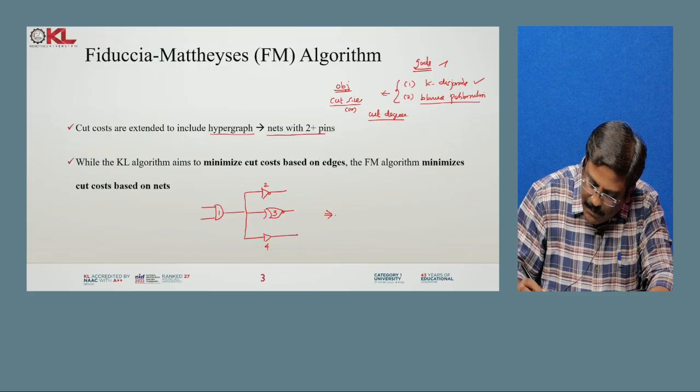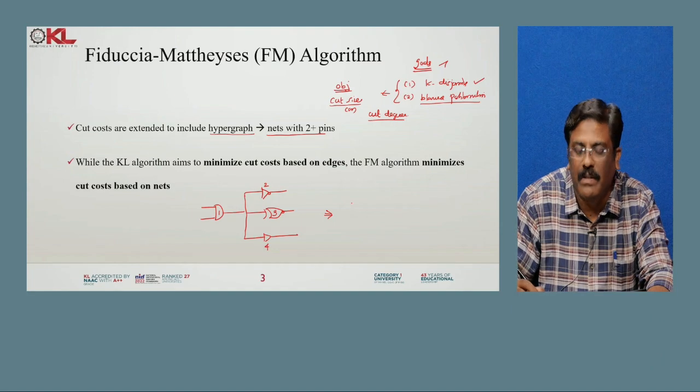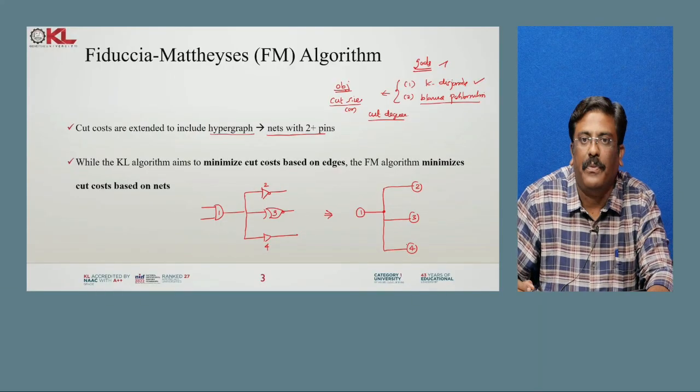How can we plot an equivalent graph for this when considering the FM algorithm? We plot node 1, node 2, node 3, and node 4. From node 1 we have one net, which is connected to 2, the same net is connected to 3, and the same net is connected to 4.